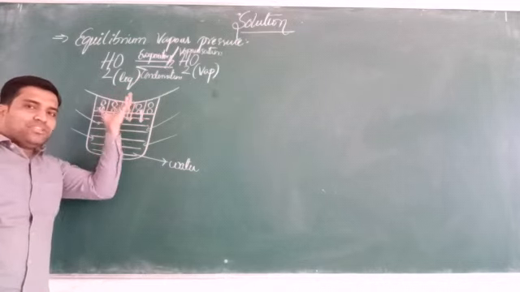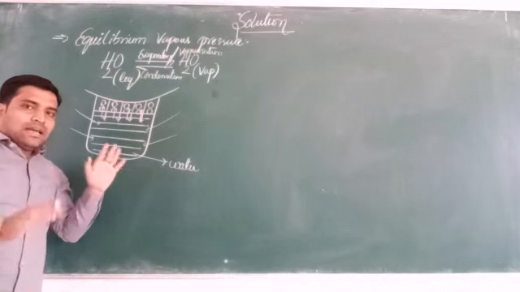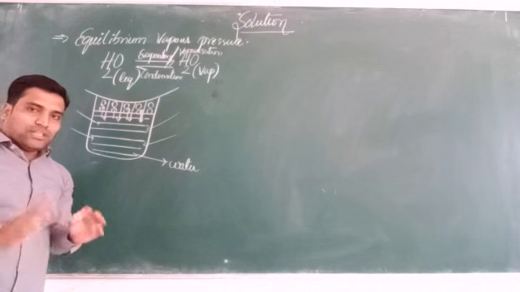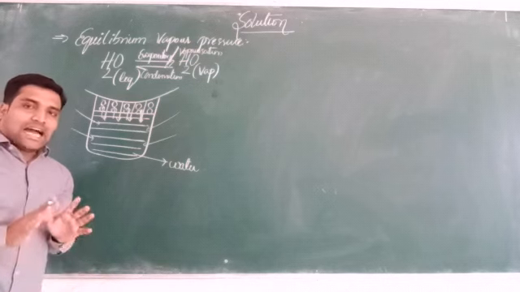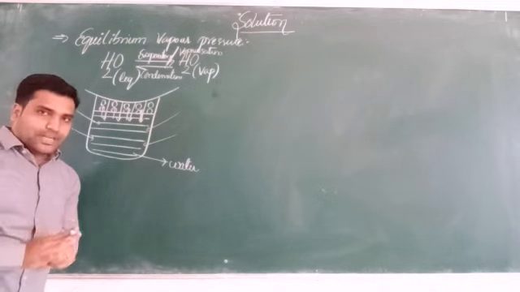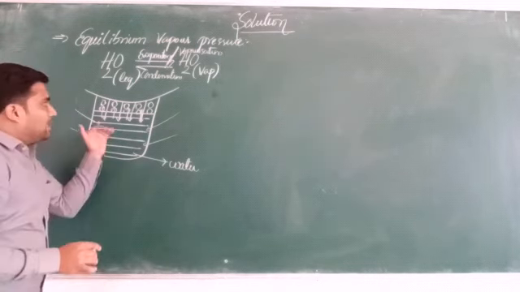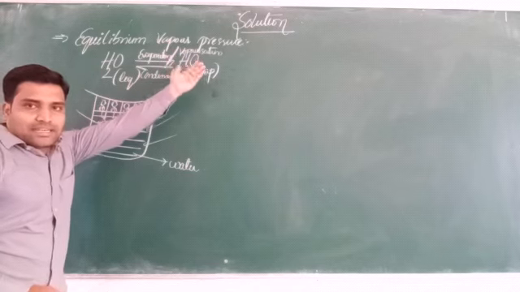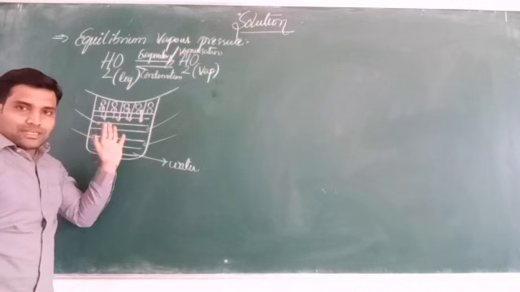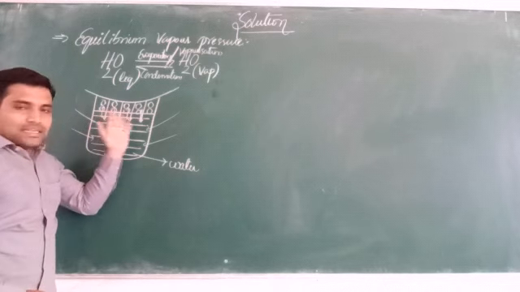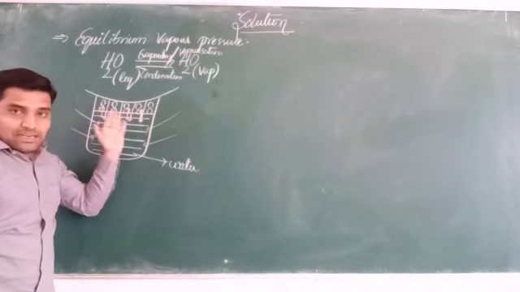At a certain stage, at a particular time, this vaporization and condensation appear to stop. That means it attains equilibrium. The rate of the forward process and the rate of the backward process become the same, so equilibrium is attained.